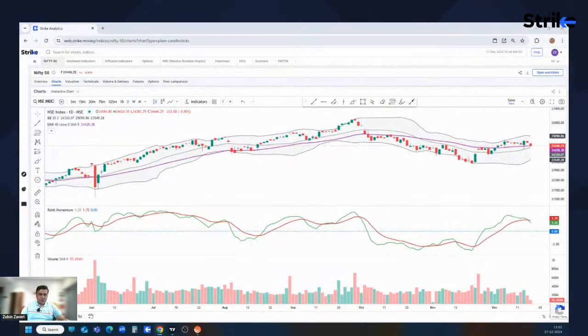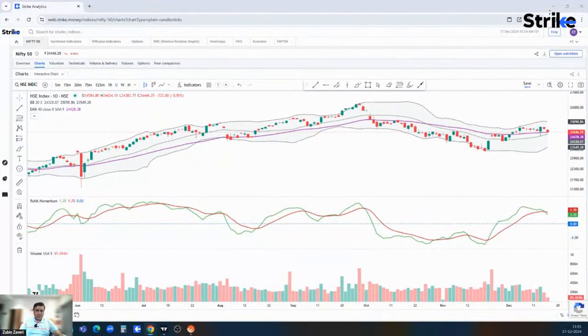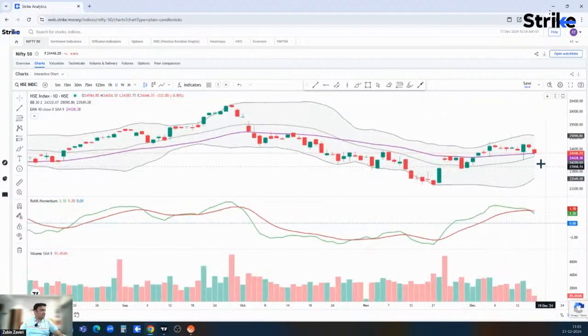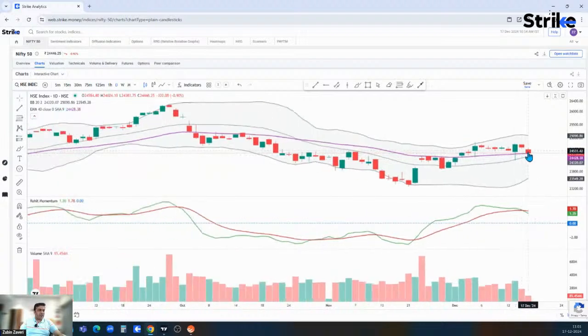All right, so let me very quickly present the screen. Okay, so here we go. That's the Nifty chart in front of you, and Nifty today is slightly on a negative mode.